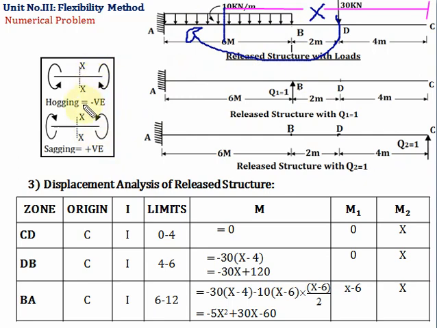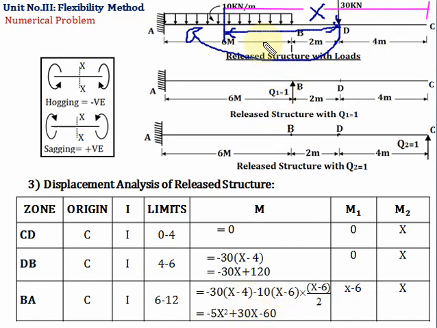So the nature of bending moment is hogging, so minus 30. Here you have to calculate this distance. So x minus 4 will give us this distance. So minus 30 into x minus 4.